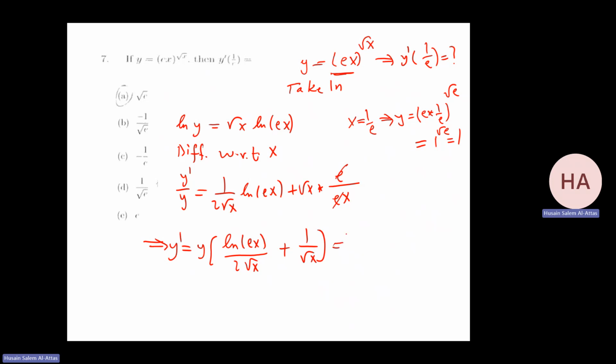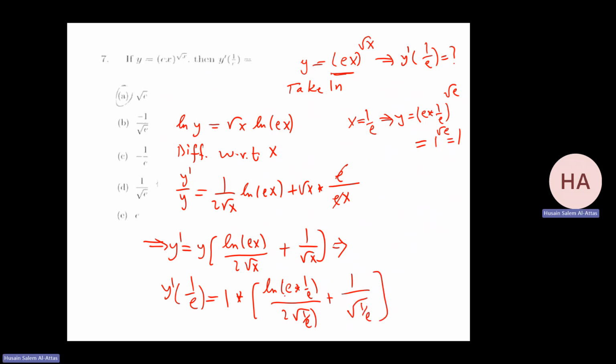That means y prime at 1 over e will be y, which is 1, times ln(e times 1 over e) over 2 root(1 over e) plus 1 over root(1 over e).